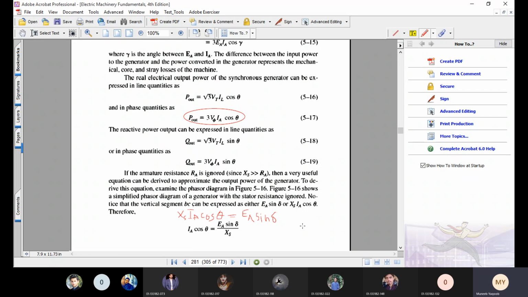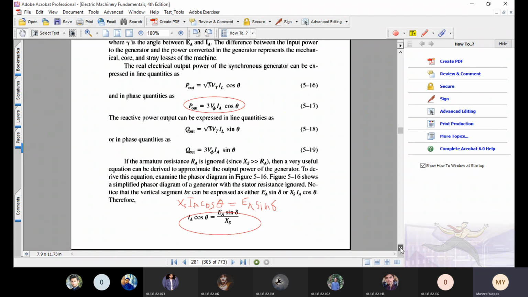They compared the two lengths because we knew that the length is exactly the same. So XS IA cos of theta equals EA sine of delta. Then they brought XS towards the right hand side and found a formula for IA cos of theta. So this is basically the formula for IA cos of theta. Whenever we need to use IA cos of theta, we can write EA sine of delta upon XS for it.